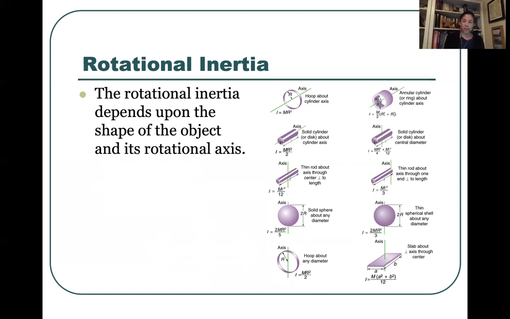So if I have my pencil, I would look at the shape that corresponds to the shape of my pencil in here. So I could say, okay, it looks like a thin rod. And you can see that you could pick the axis and then you have a formula that will give you the rotational inertia. So you can see that it always depends on the mass, okay?